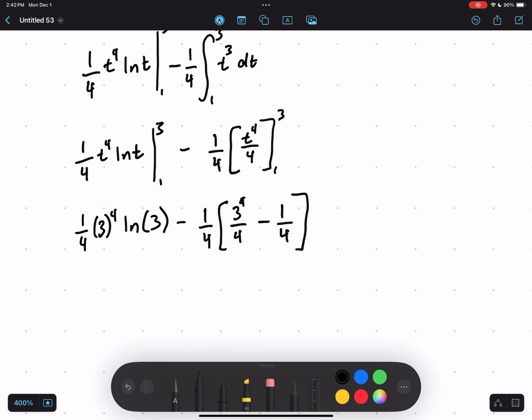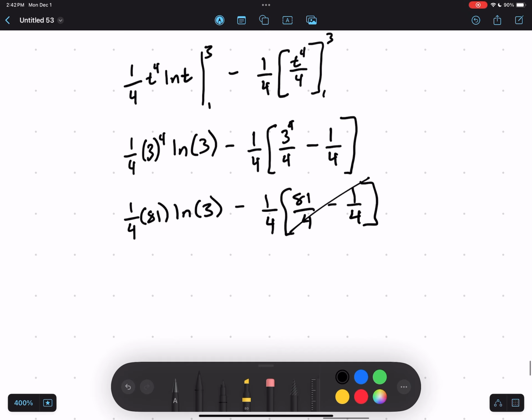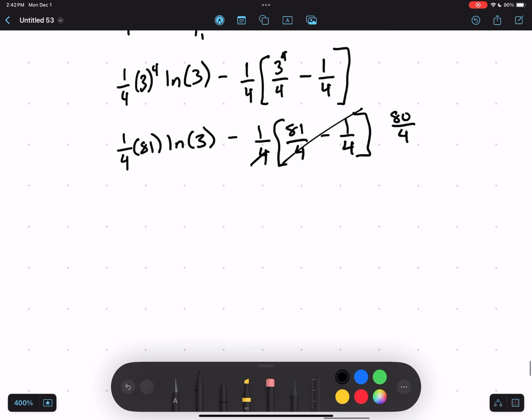Now, 3 to the 4th power is 81. So what we've got here is 1/4 times 81 ln 3 minus 1/4 times 81 over 4 minus 1 over 4. And we can simplify that as just 80 over 4. And then we can simplify that again as 80 over 16.